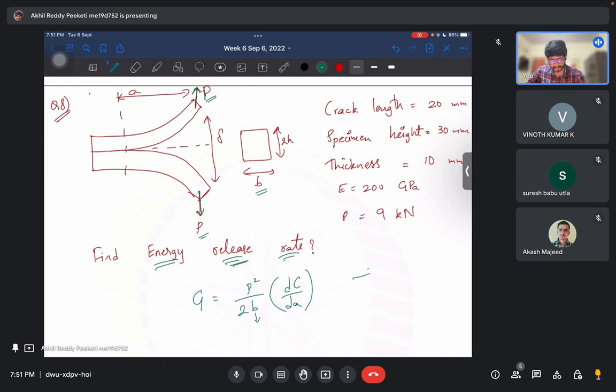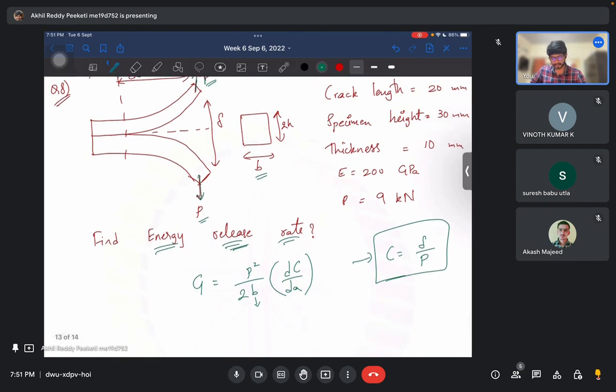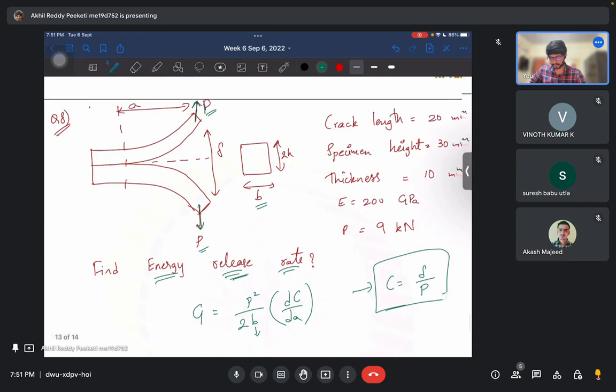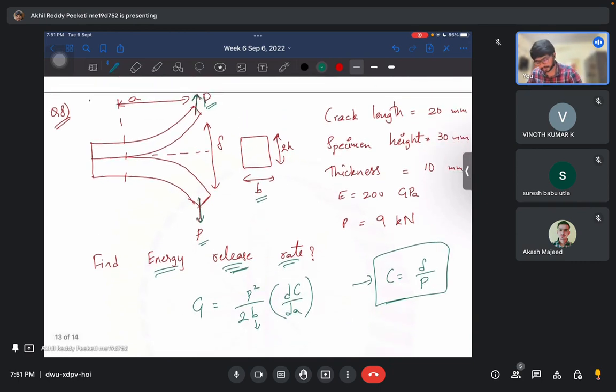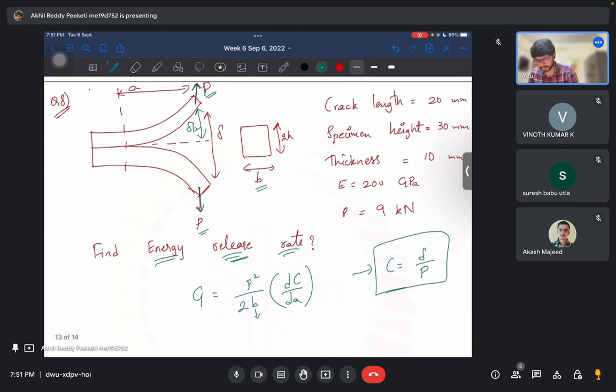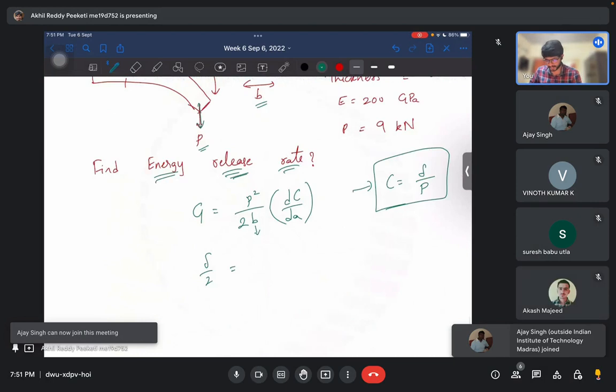C is the compliance, which is the ratio of deflection and the applied load P. Our job is first to estimate C. If you look at this part, which is delta by 2, and this length being A, the crack length, this is similar to a cantilever beam, right?